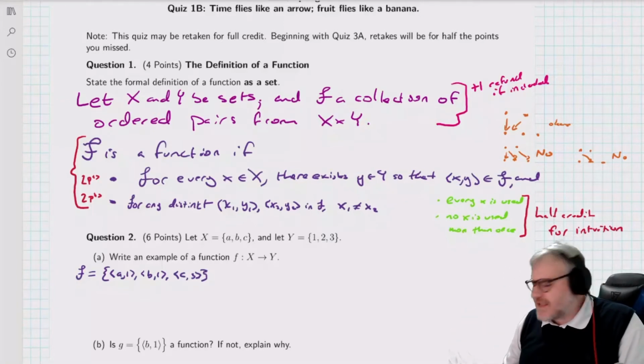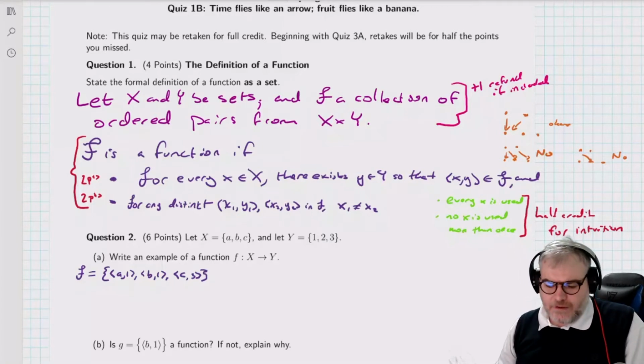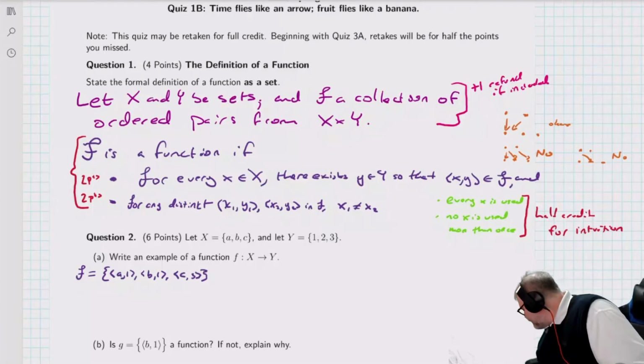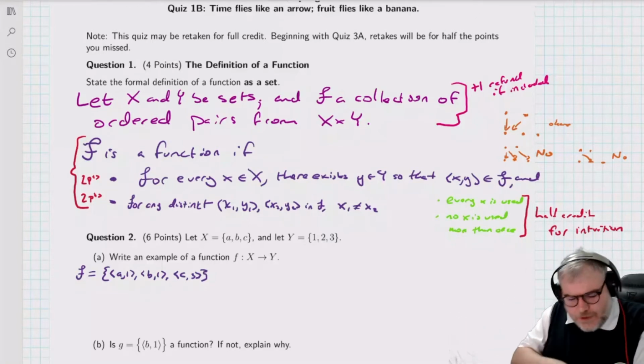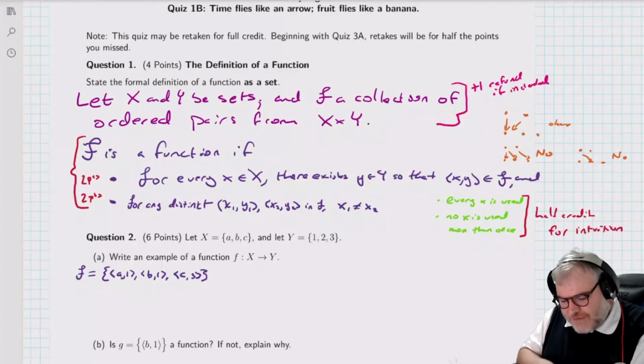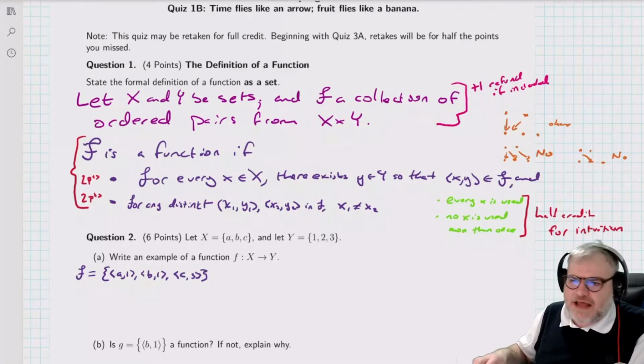Now, if you went to the textbook and pulled its definition, which I had out, and then I put algebra and stuff on top of it, you would have found a different definition in the book. It would have been this intuitive definition that said it's a rule and so on and so forth, and I would have given you half credit for that.